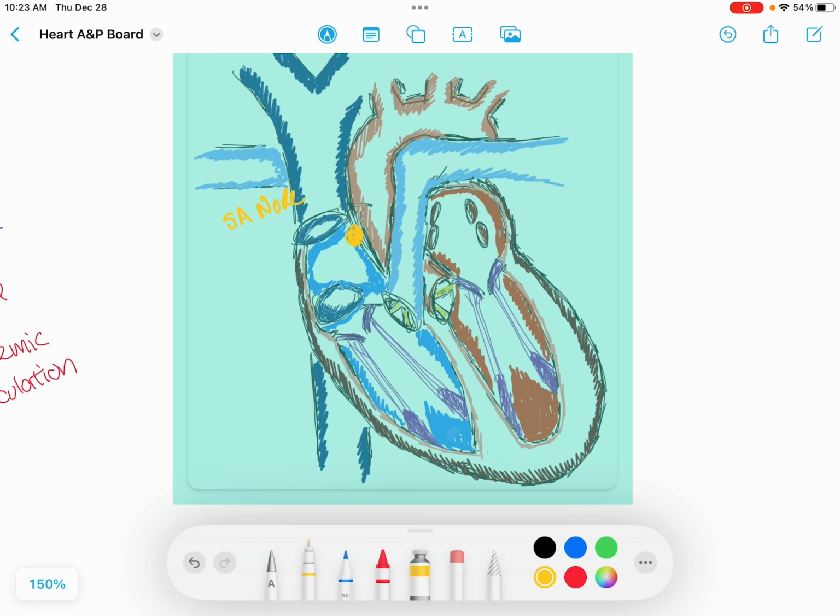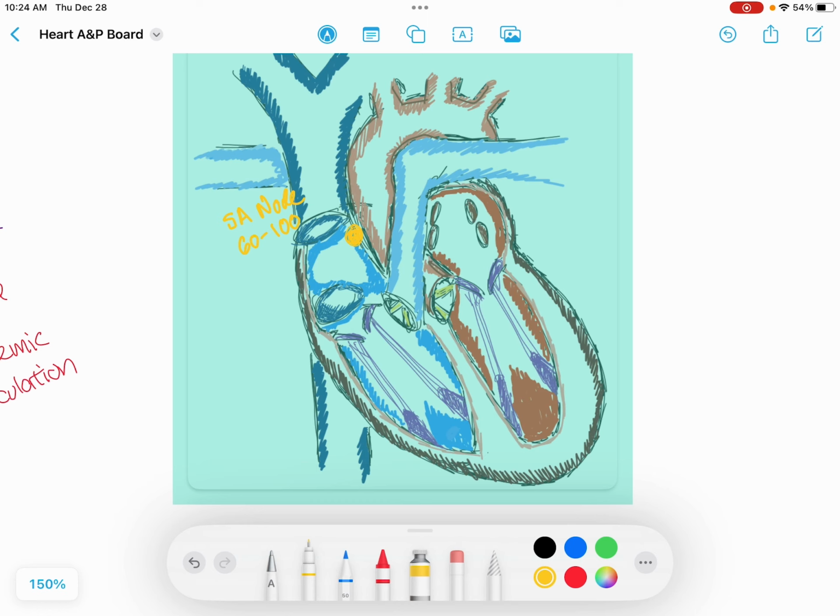The SA node is very specific tissue in between the right and left atria, and it generates a very regular electrical impulse. We know that the adult heart rate is somewhere between 60 and 100 beats per minute, and that's the intrinsic rate of the SA node.